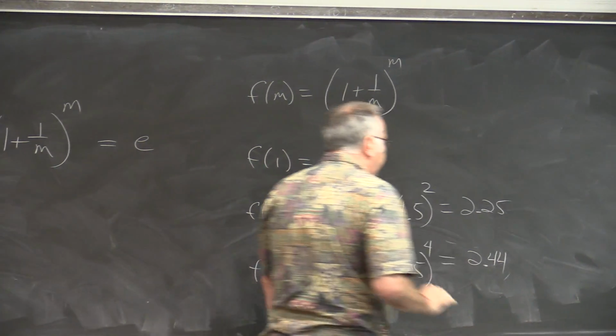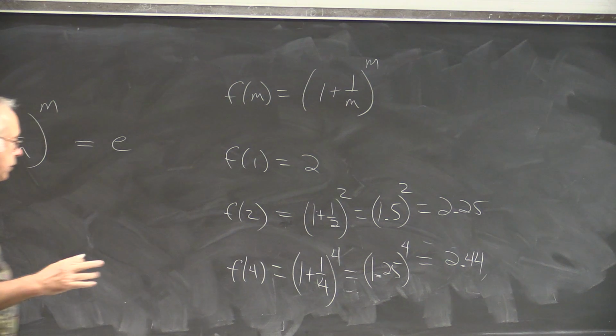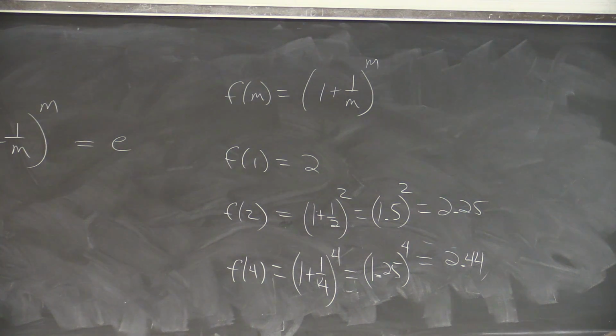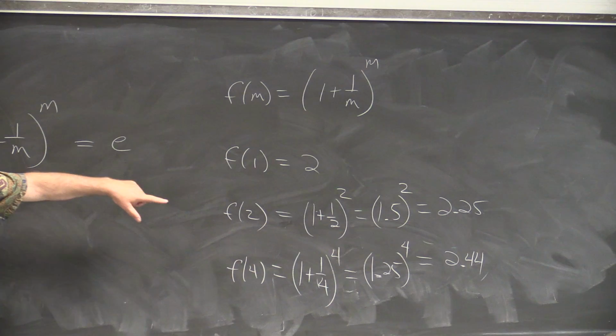Okay, that's approximately 2.44. And if you take higher and higher values of m, the limit of this f of m will just be E. So you were already at 2.44.